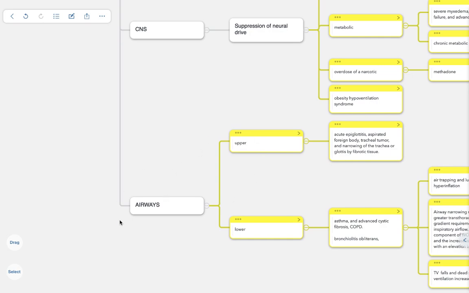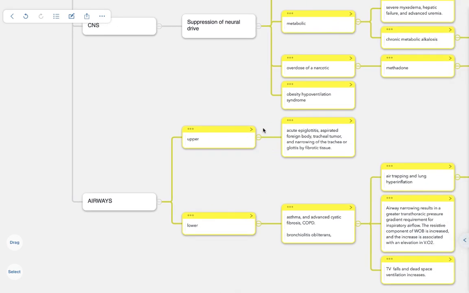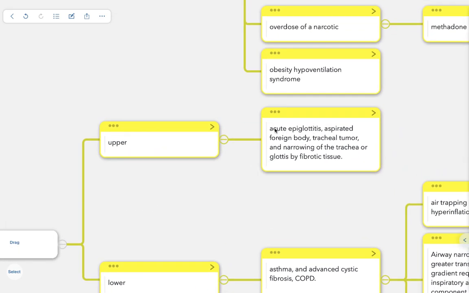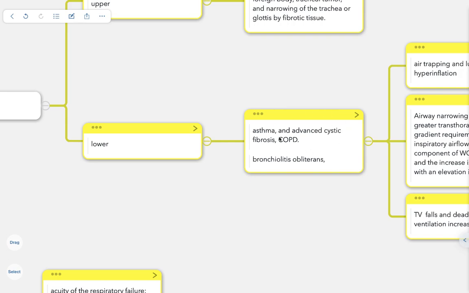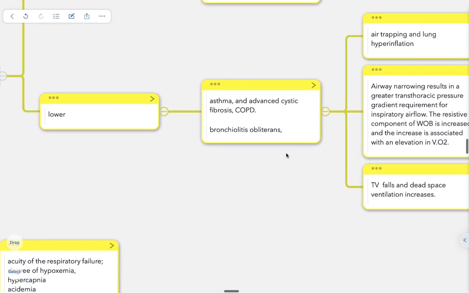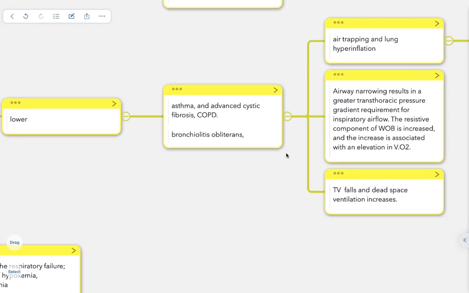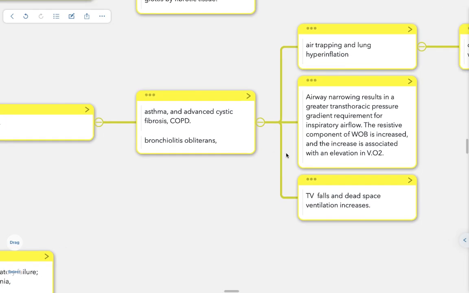Now, after PNS, let's come to the problems at the airways. Airways, as we all know, are further divided into upper airways and lower airways. Upper airway problems could be in the form of acute epiglottitis, aspirated foreign body, certain tumors, or narrowing of the trachea due to any reason. Lower airway problems could be in the form of asthma, COPD, or a host of others like bronchiolitis or bronchiectasis as well.